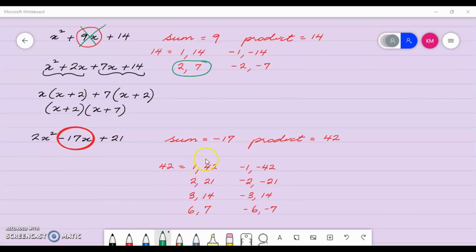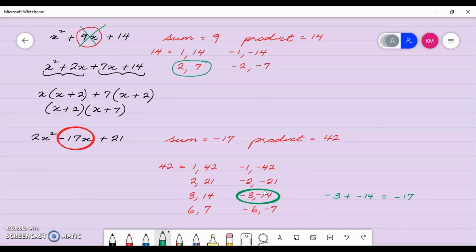Okay, so here I've listed out all my pairs and I have included my negative pairs as well. I left out a negative there. So here now I'm looking to see which pair when added is going to give me negative 17. So it's this pair here, negative 3 plus negative 14 gives negative 17.